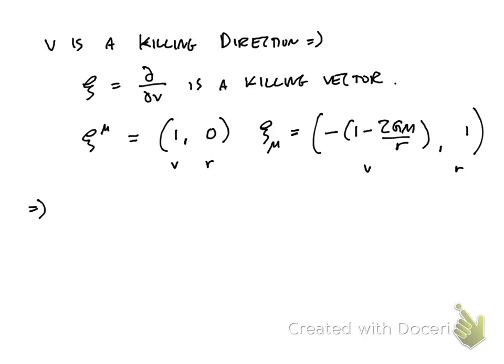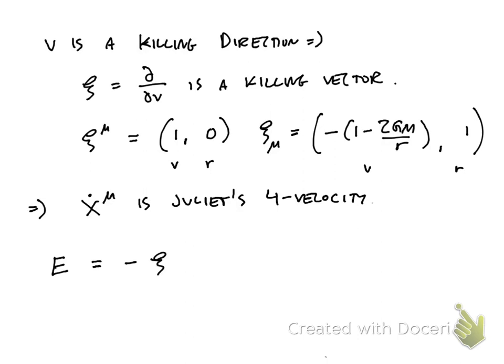What that means is that if x dot mu is Juliet's four-velocity, then the following object, E, which is minus zeta mu x dot mu, is constant along the geodesic.